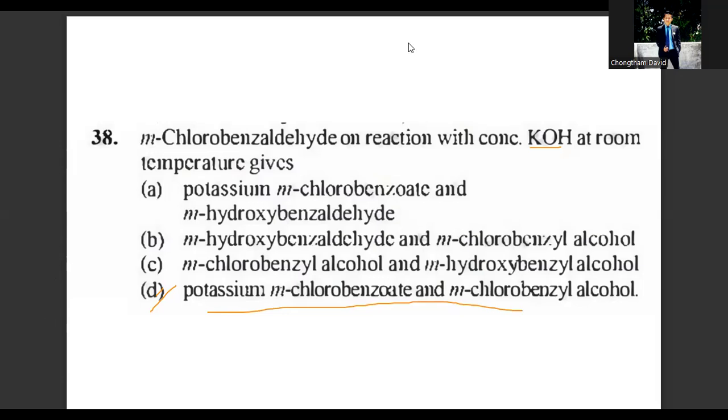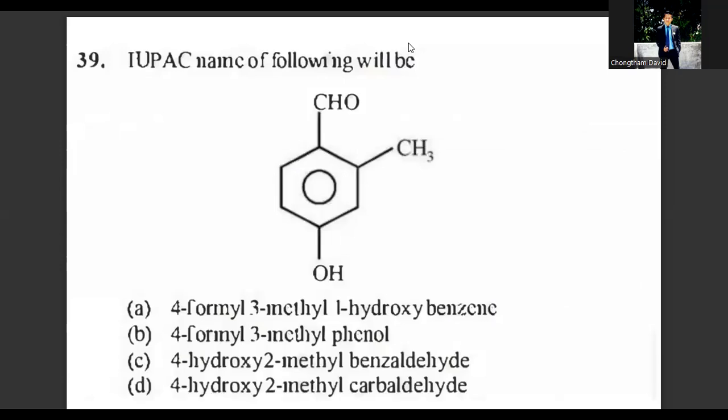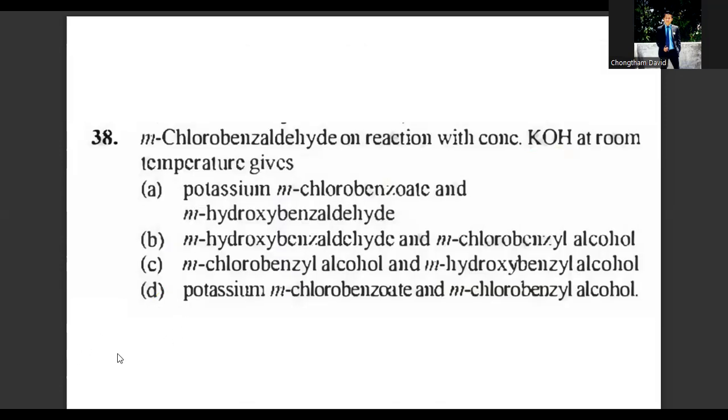The IUPAC name of the following. If you would like me to write the reaction for this, you can refer. Meta means carbon number 3. This is your metachlorobenzaldehyde. According to the question, you have to treat with concentrated potassium hydroxide.